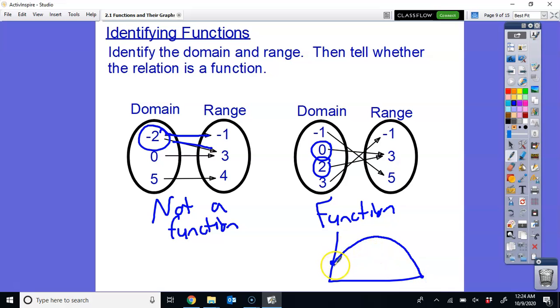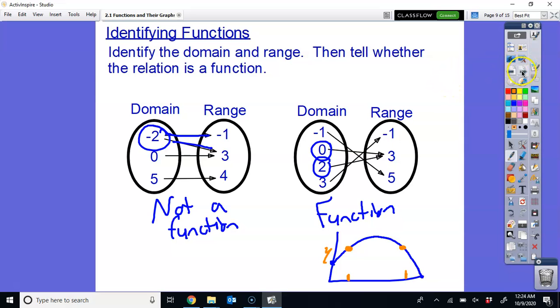Somebody could punt a football through the air. It leaves their foot and goes and lands. Right here and right here is going to be the same y value, even though those are two different x values here and here. So that's okay. That's still a function. So functions, each input has one output. It has this very strict kind of pattern to it.